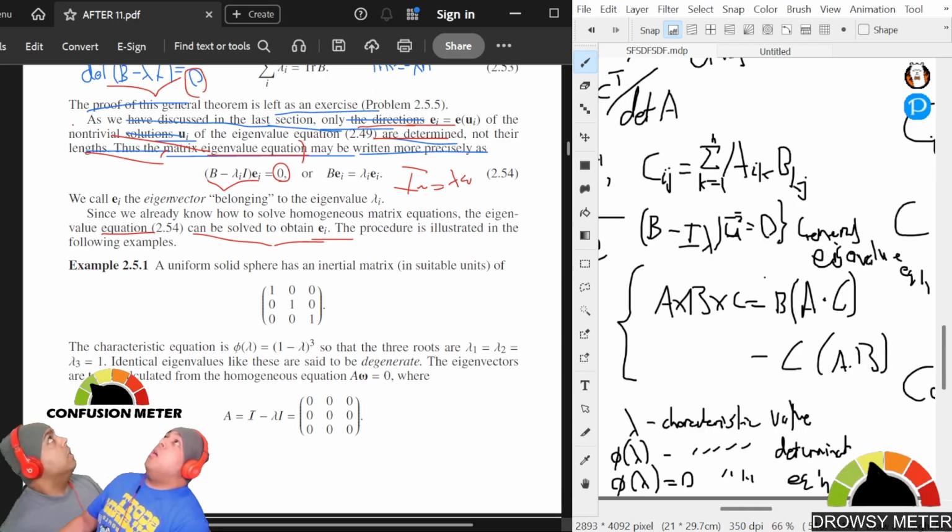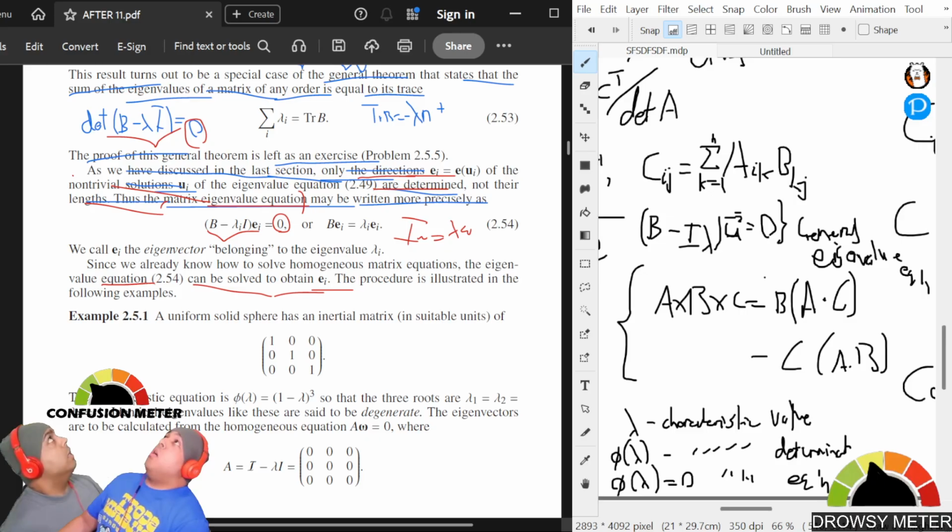A uniform solid sphere has an inertial matrix of this. Characteristic equation: phi of lambda is the determinant of this, equals 0. The determinant of B minus lambda I: 1 minus lambda, 1 minus lambda, 1 minus lambda.